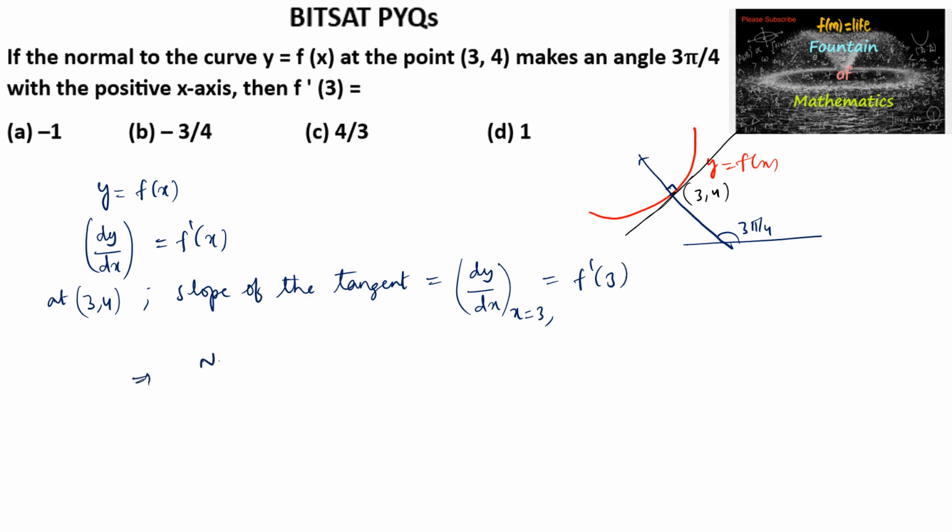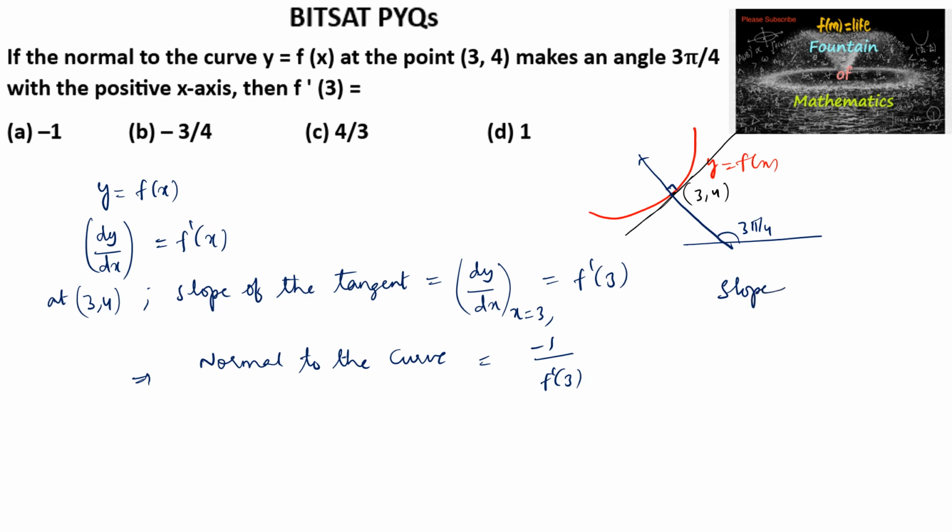Therefore the slope of the normal to the curve can be taken as minus 1 by f dash of 3, and it is also given the slope of this normal, which makes an angle 3 pi by 4.